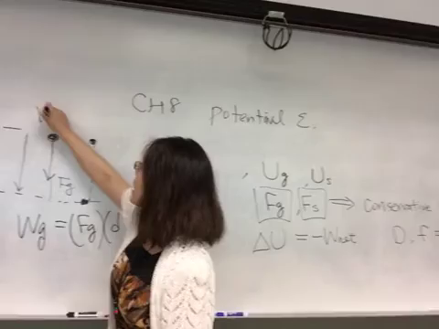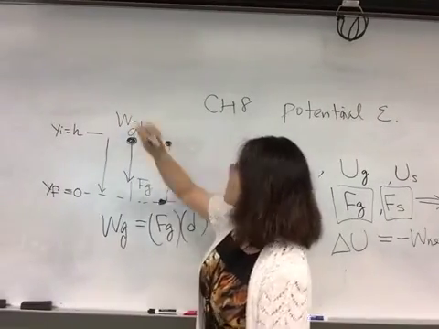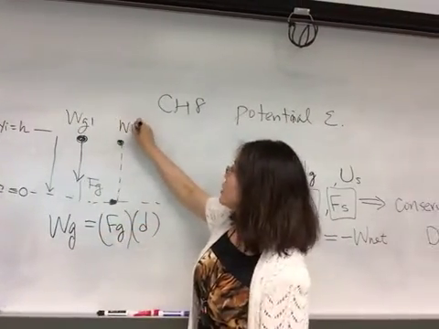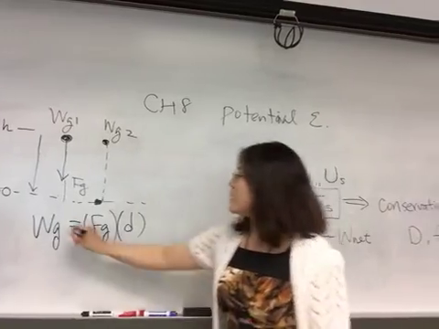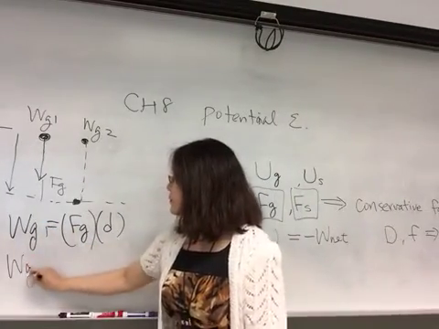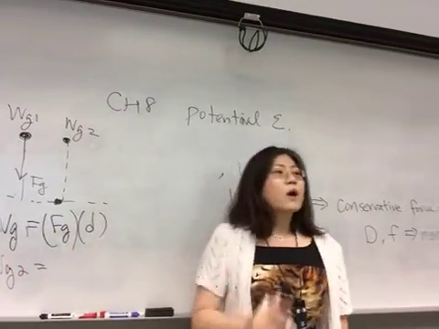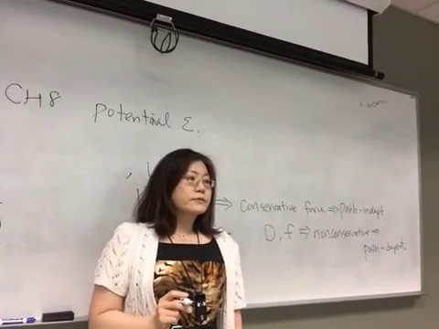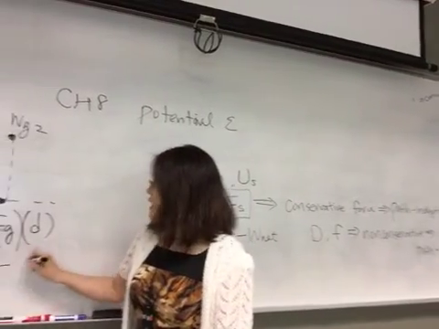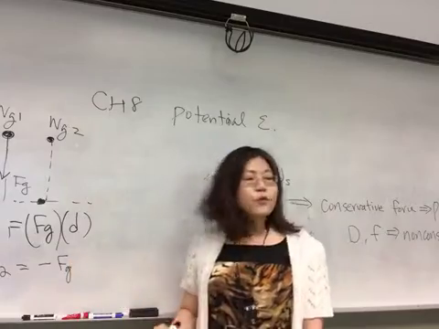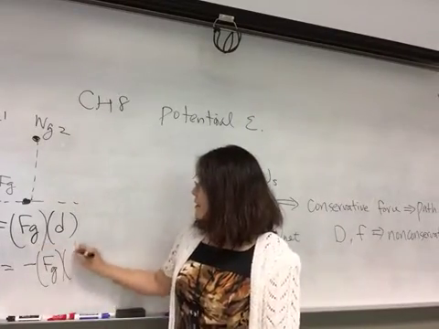So let's say this is WG, segment 1, and this is WG, segment 2. What is the work done by gravitational force during this move? That will be negative Fg, the gravitational force, times d, right?